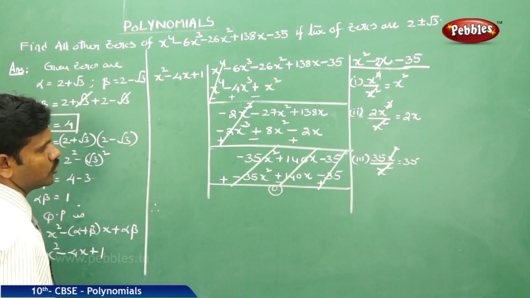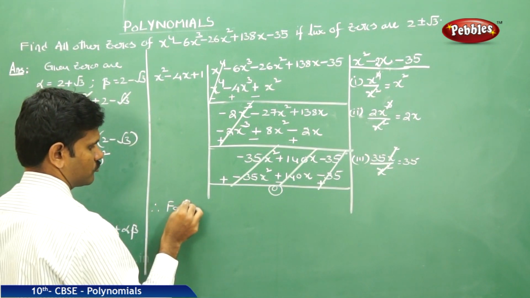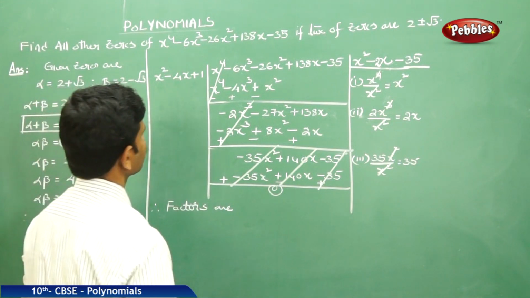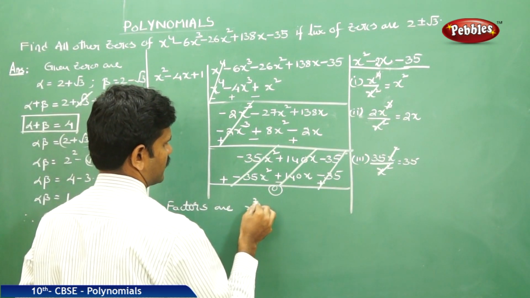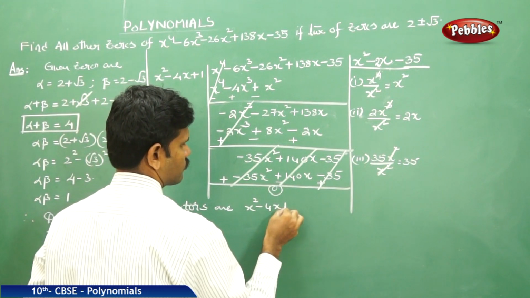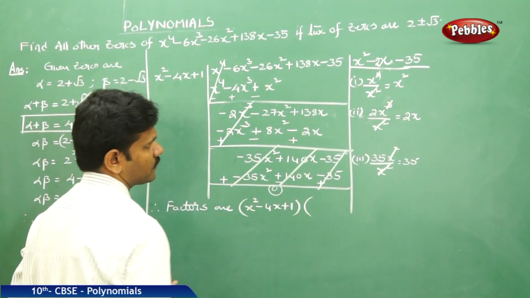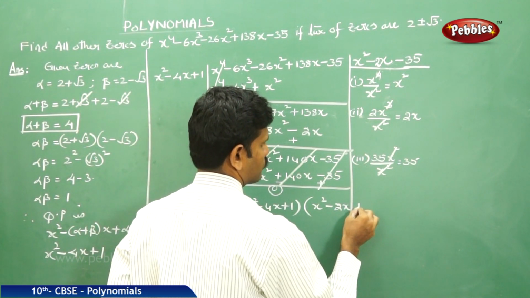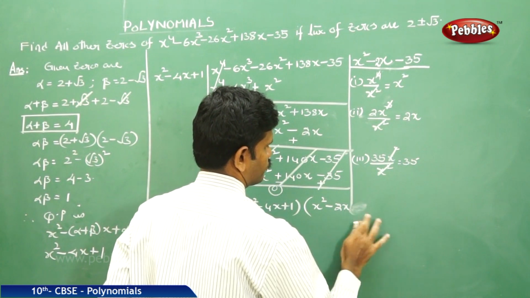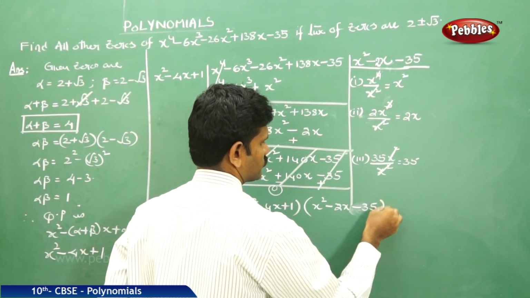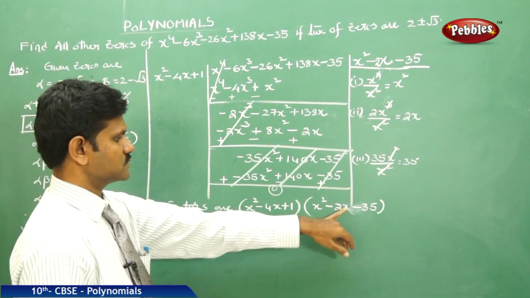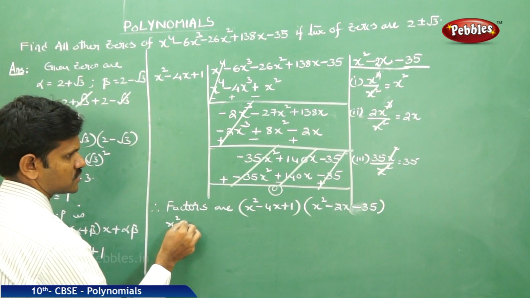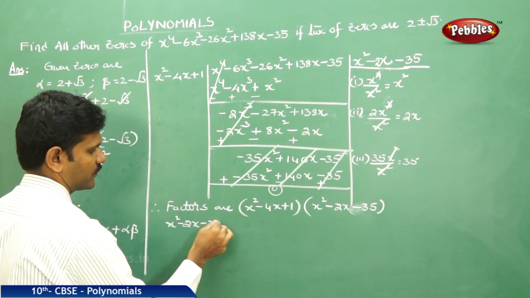Therefore the factors are x square minus 4x plus 1, and your answer part x square minus 2x minus 35. Please take this part out, that is x square minus 2x minus 35.